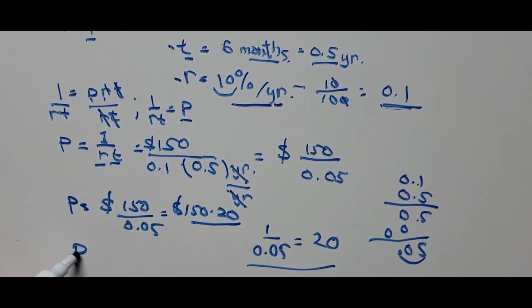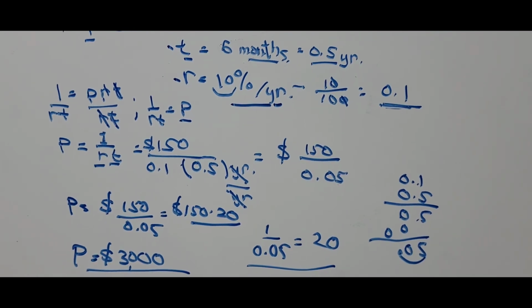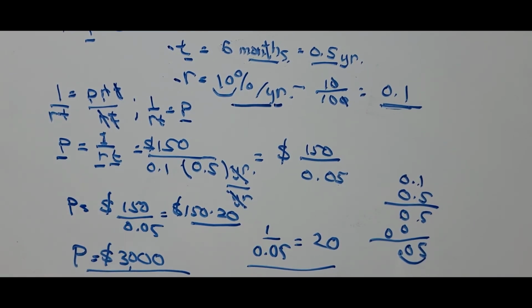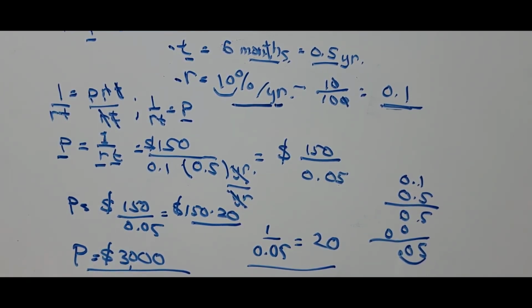So P is equal to 15 times 2 is 30, and add 2 zeros. So the principal is $3,000. Or you can solve for the value of P by punching it in your calculator and get the answer of P right away, 3,000.